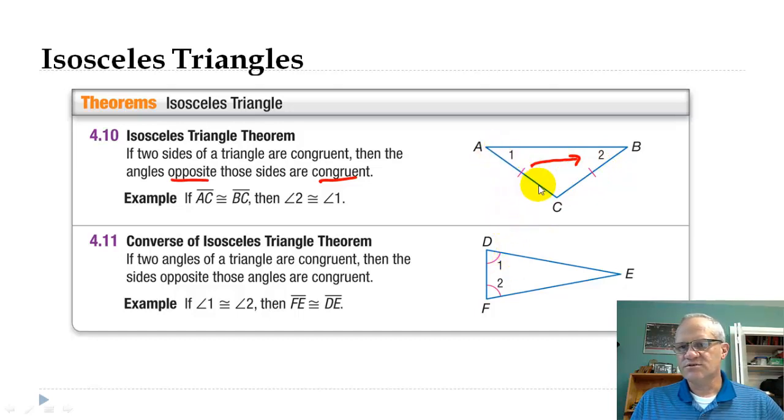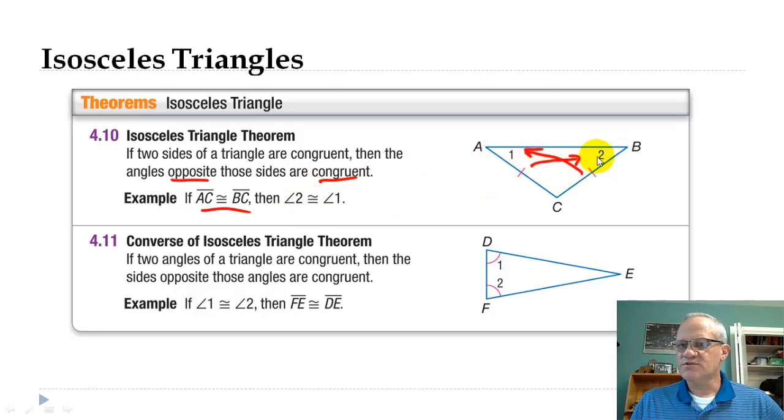This side is congruent to this side, so the angle opposite, angle 2, is congruent to the angle opposite this side. So angle 1 and angle 2 are congruent to each other. Are you following that? So here's where it says that: if AC is congruent to BC, then angle 2 is congruent to angle 1.